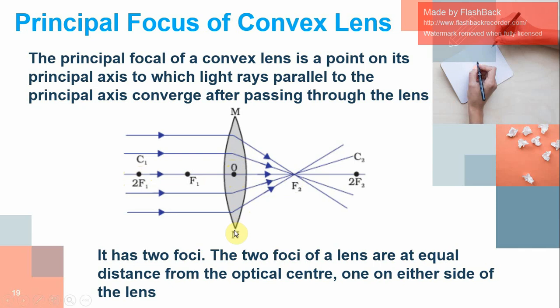Let us consider one surface. We redraw the circle in two dimensions, so we can get a circle. 2F2 is the center of curvature for this plane.